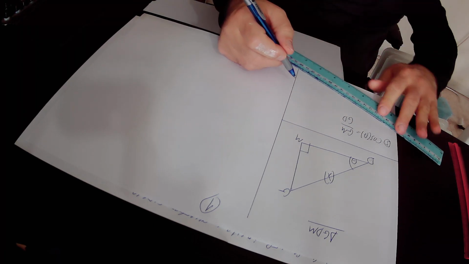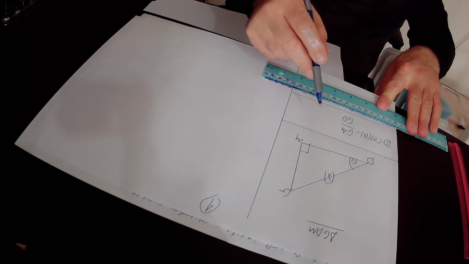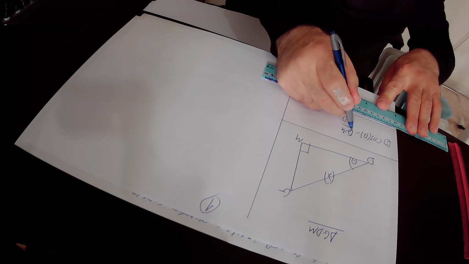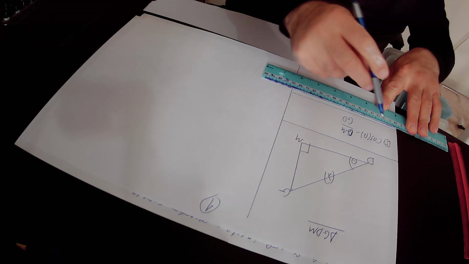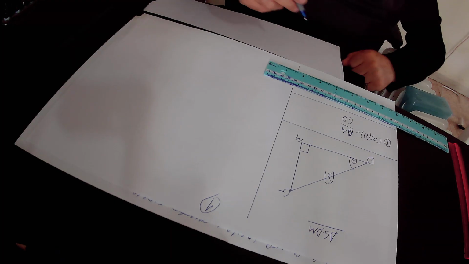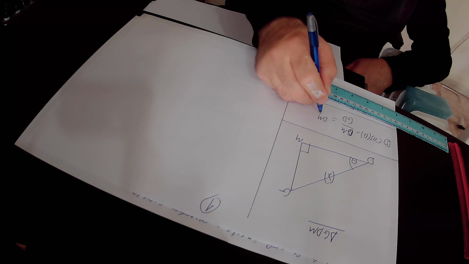Repeat again, in this right triangle GDM, cosine theta equals DM over GD. DM is the missing side, so we leave it as it is, so it is DM over GD.